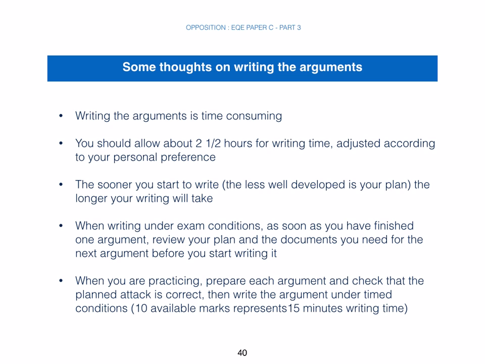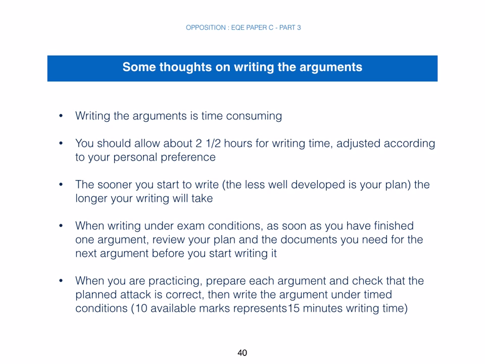When writing under exam conditions, as soon as you have finished one argument, review your plan and the documents you need for the next argument before you start writing it, so have a little gap. On the other hand, when you are practicing, prepare each argument and check that the planned attack is correct.